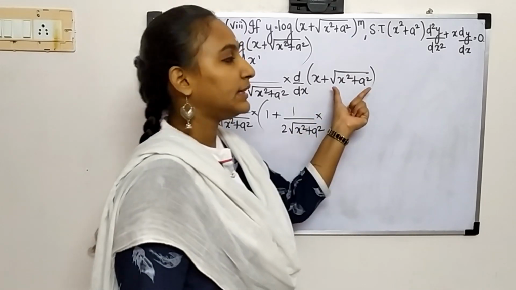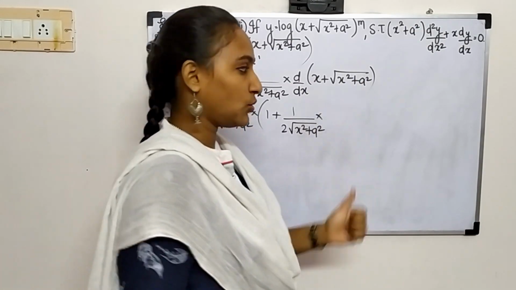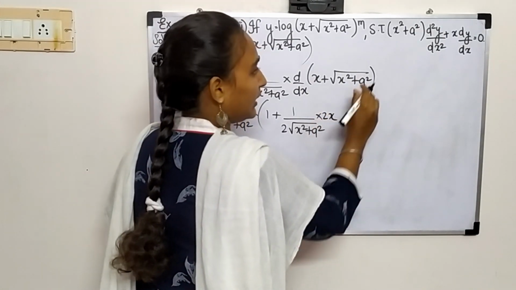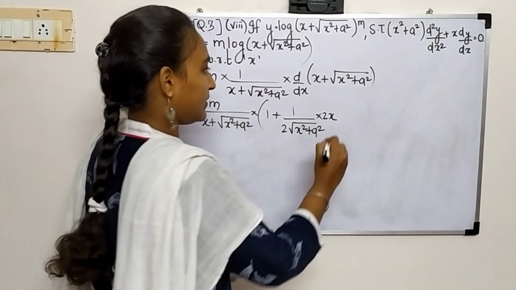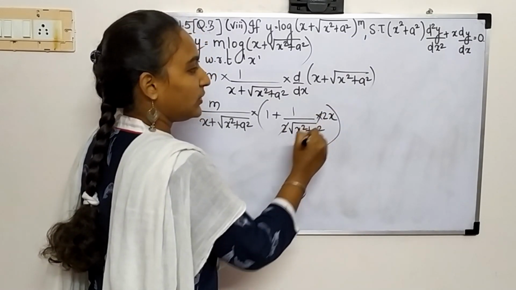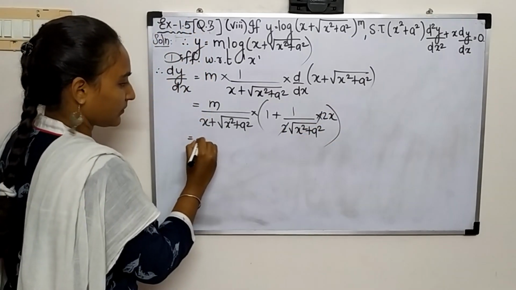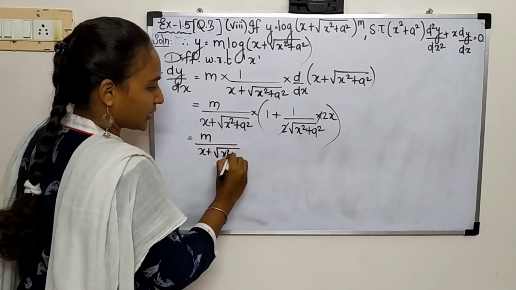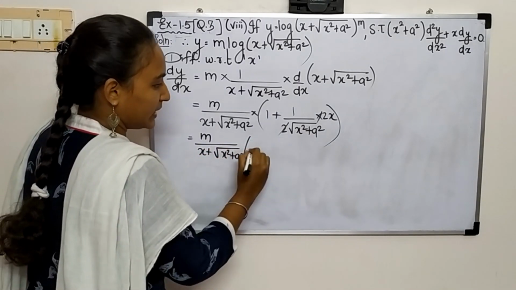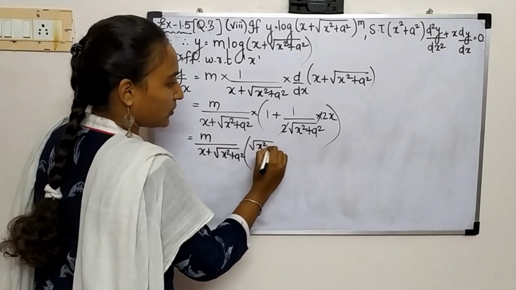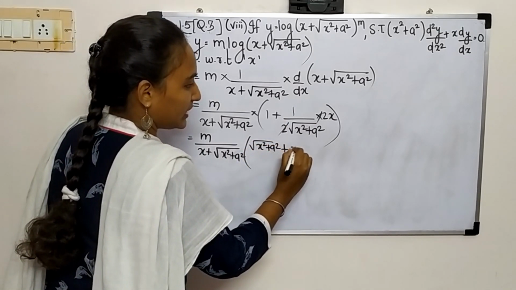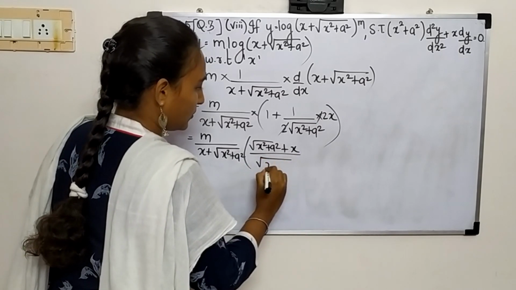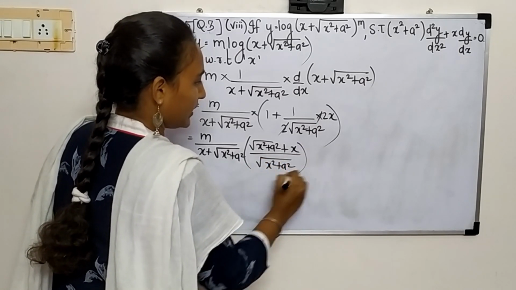Multiplied with the derivative of x square, that is 2x. And the derivative of a square will be 0. So 2 and 2 will get cancelled. m upon x plus root x square plus a square, cross multiply this. So we get root of x square plus a square plus x upon root x square plus a square.